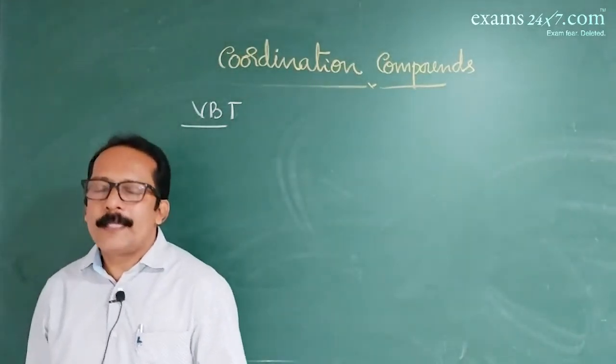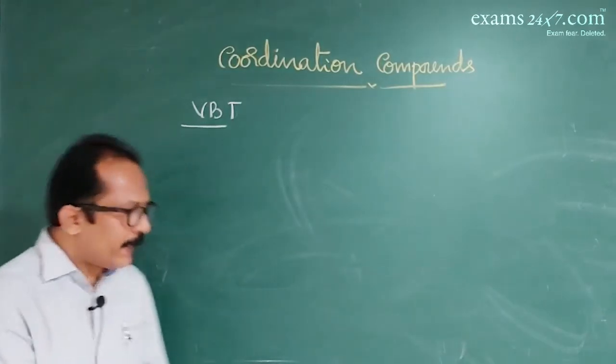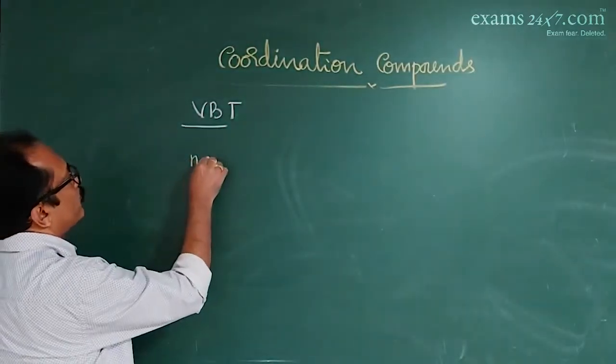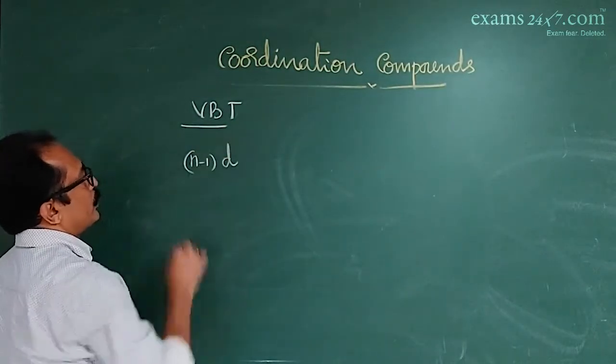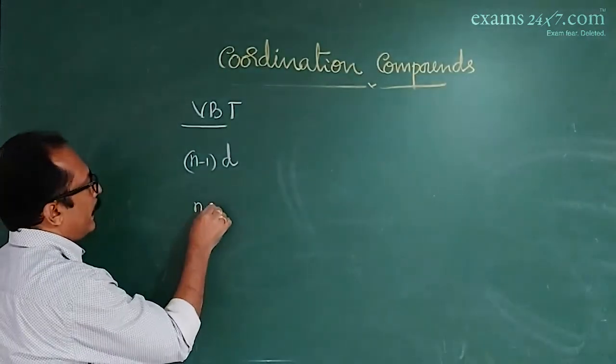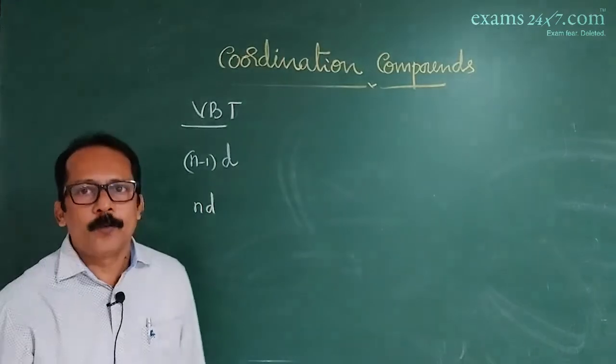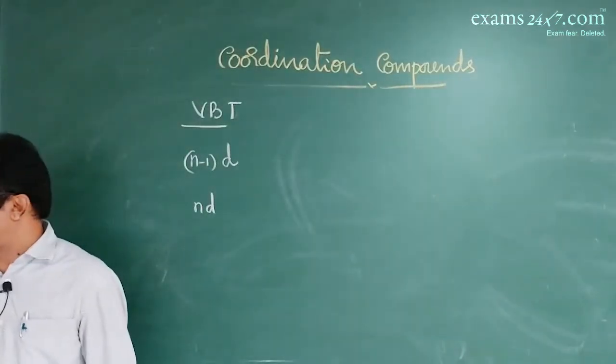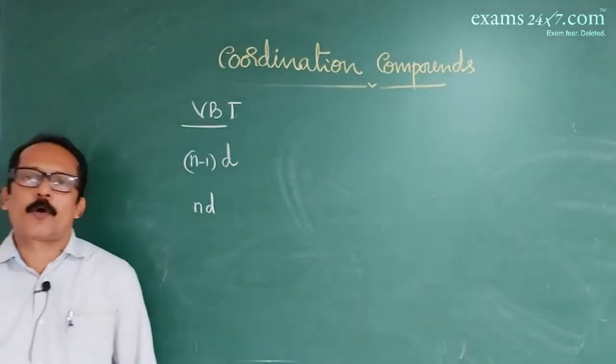So what about the inner complex? If (n-1)d orbitals are involved, that's called an inner complex. If only nd orbitals are involved, that kind of complex is called an outer complex.